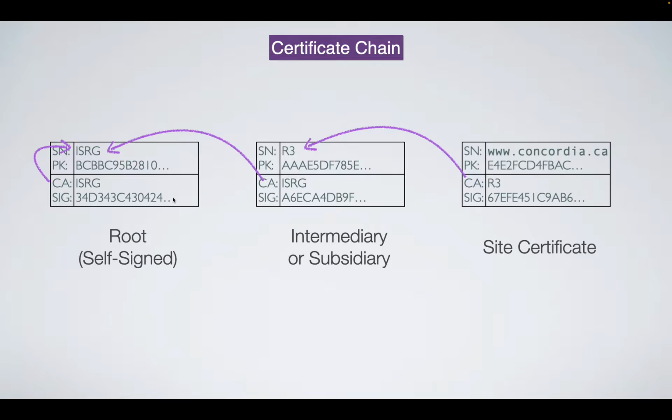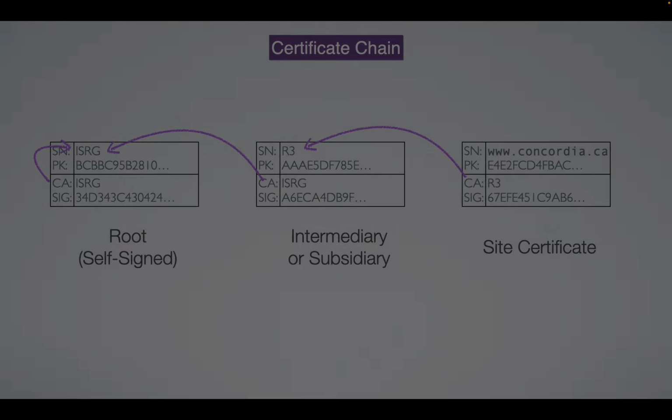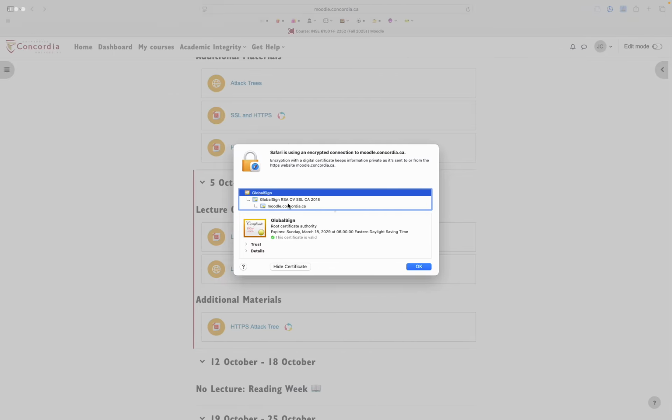The root certificates are on my computer, in a file. The intermediate certificate, I never see until I go to a website that uses it. Because I went to moodle.concordia.ca, I saw that this was the intermediate certificate, and that might be the first time I have ever seen that certificate in my life. So I don't see it until someone uses it. They cough up a chain that has it.